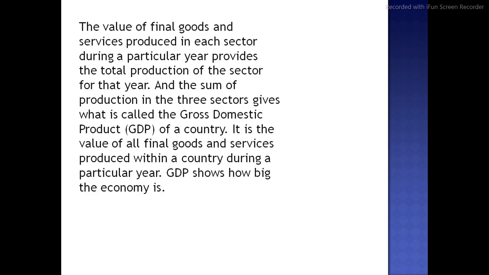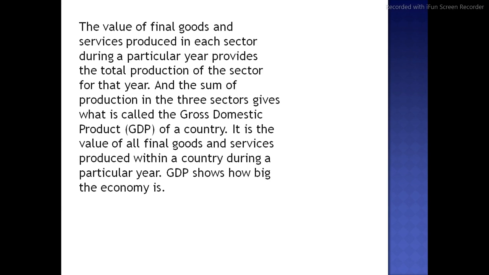So this slide is quite interesting. Already I have talked and discussed more about GDP, the gross domestic product. Dear cadet, please read it. The slide talks about the value of final goods and services produced in each sector, meaning primary, secondary and tertiary, during a particular year.